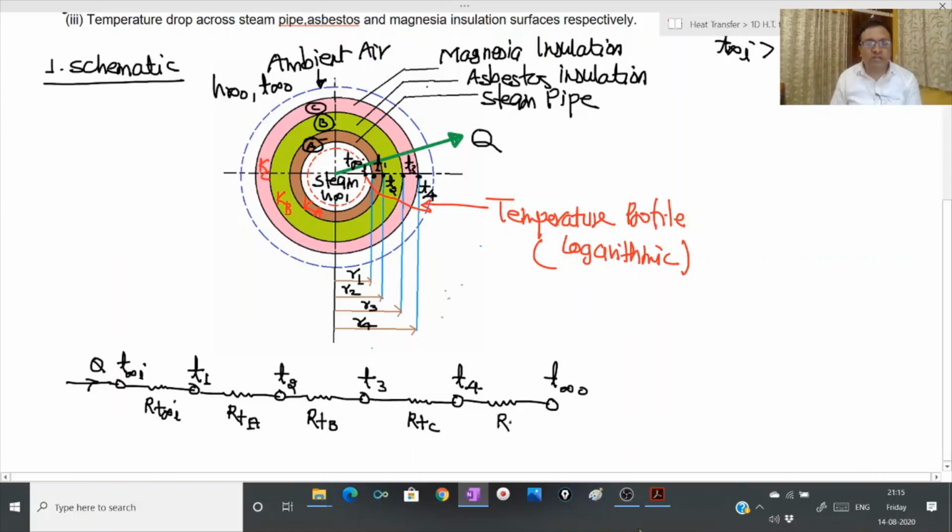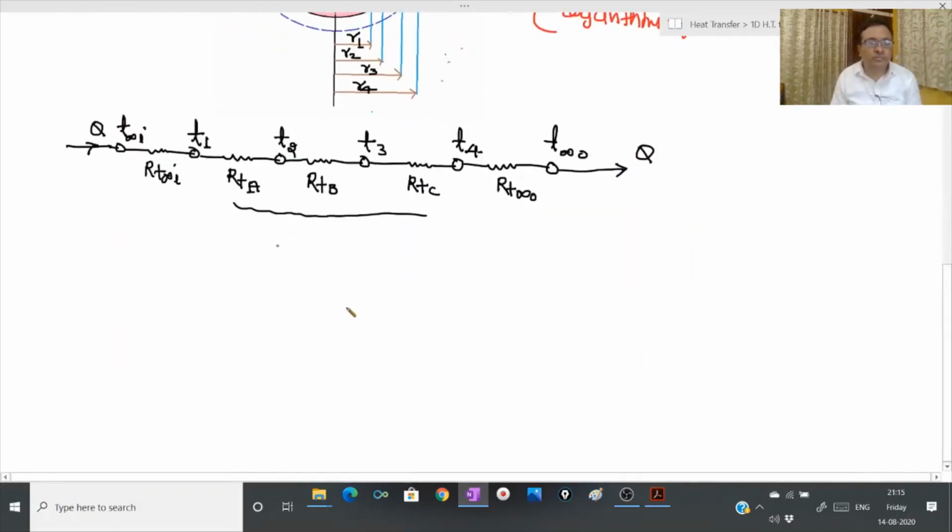It will be convective thermal resistance represented by RT infinity o. And finally, heat will be dissipated to air. So there will be total 5 thermal resistances. 3 will be conductive in nature, and 2 will be convective in nature.